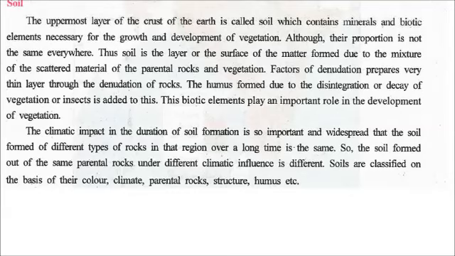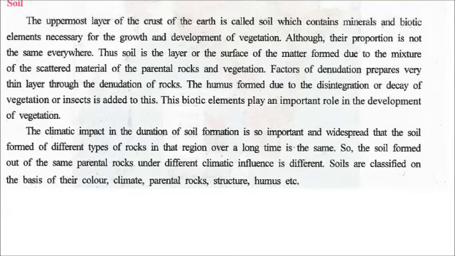Now, although their proportion is not the same everywhere, the soil is a layer or the surface of the matter formed due to the mixture of scattered material of the parental rock, that is the original rock or main rock, and vegetation. So, the proportion of minerals, biotic elements, etc., which are required for vegetation growth may not be same all over the country.